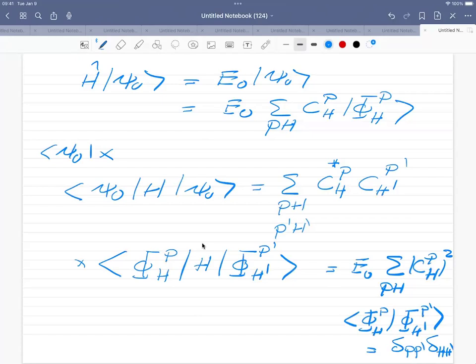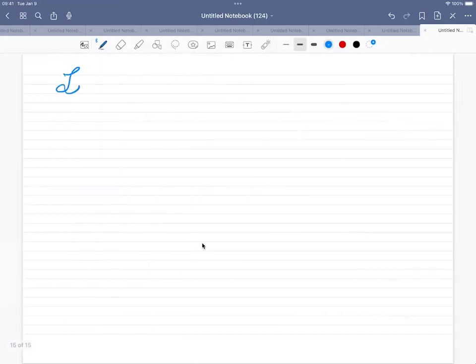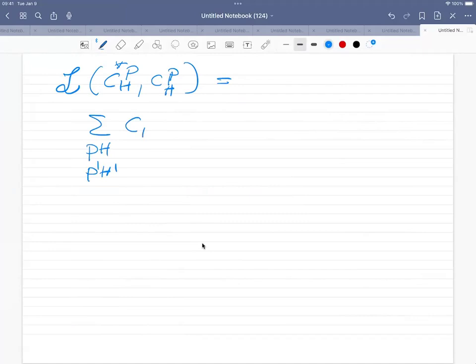Now, this is something which we can obviously rewrite, and we can use the variational ansatz on that. So if we subtract these two terms, this gives us a function in terms of C of h prime p prime and C of hp. And this is now given by these functions, which run over p prime h prime, and then I have the coefficients of phi of hp.